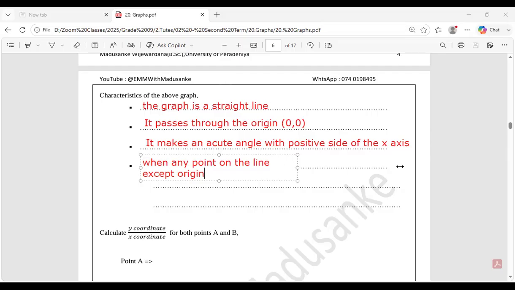Except origin is 0, 0, so 0 divided by 0, right? Actually, it's not defined. 0 divided by 0.